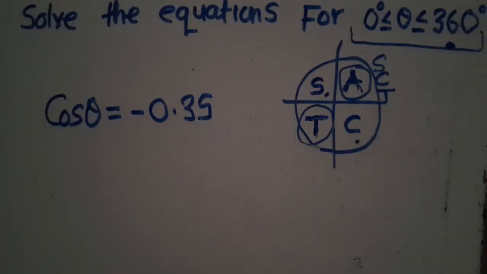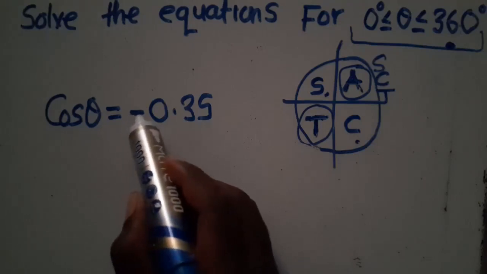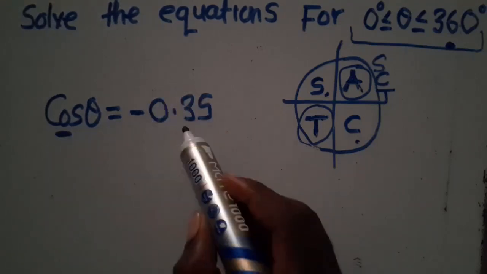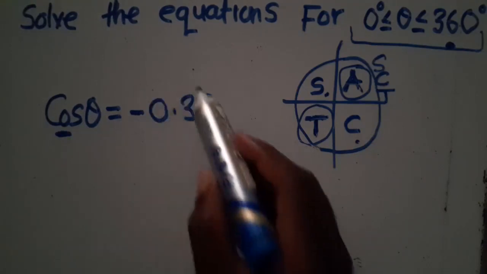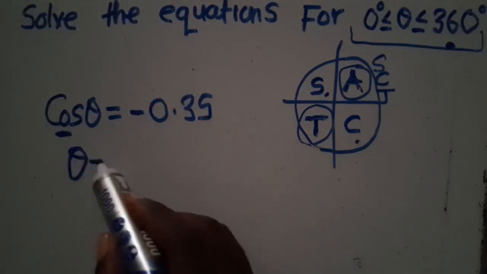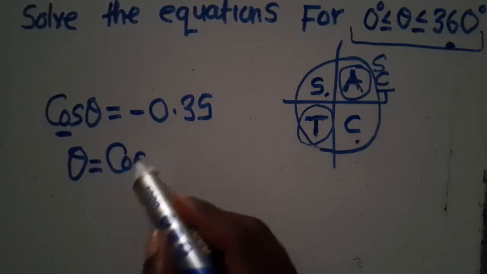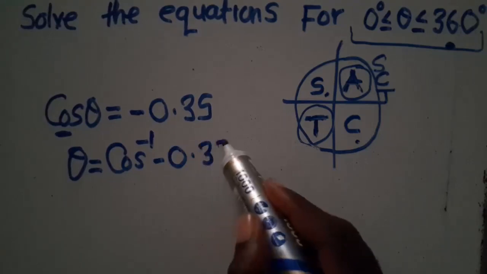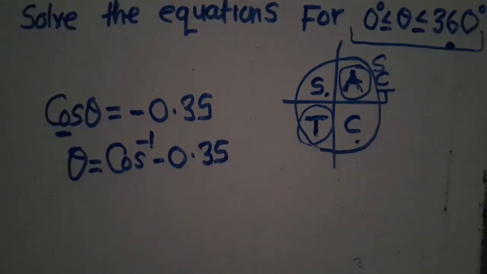So you know that cosine is a negative answer. First find the answer. You say theta is now equal to cos inverse of negative 0.35. What answer are you going to get?